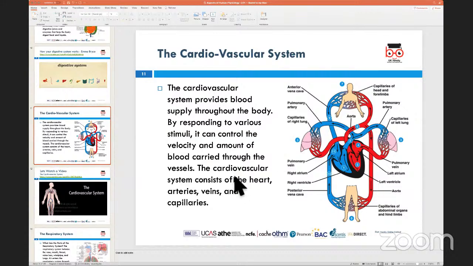So when we talk about the cardiovascular system, these are the four most important components. And one of the key functions of the cardiovascular system is to circulate oxygen and remove carbon dioxide from the body.